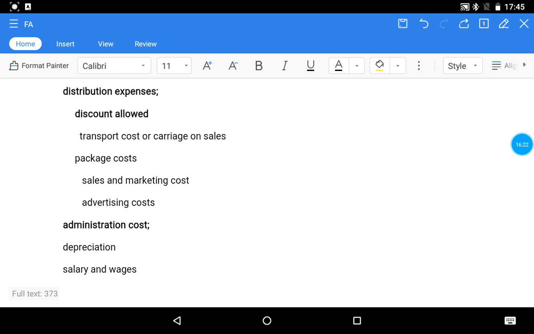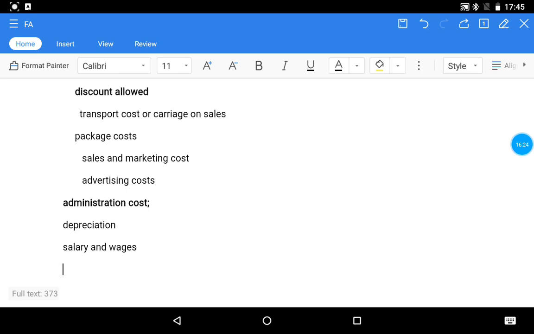You have your lawyers, you have your accountants, you have your external auditors. All of them need to be paid. So when you pay those people, we record it under administration costs, because it involves operation and management of the business.